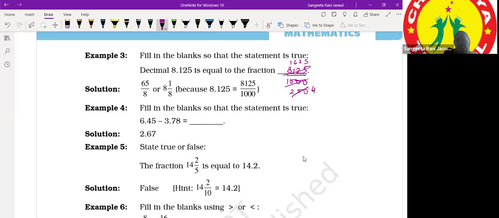We get 325 by 40, and again by 5, 65 by 8. Now it cannot be reduced. So 65 by 8 is the reduced form, the lowest form. Right, children?